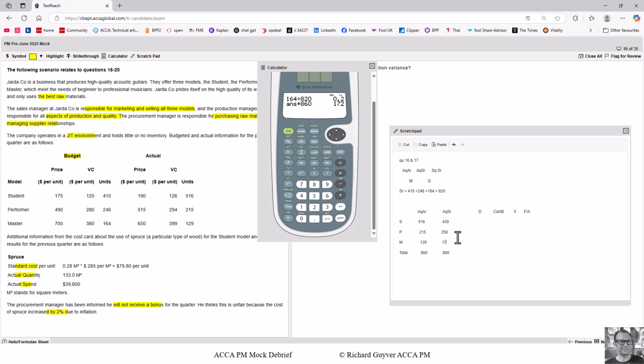And that's 172. And then I fill all of my table up, but not the favourable adverse aspect.